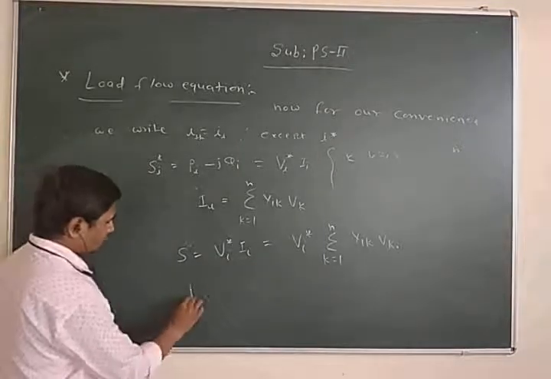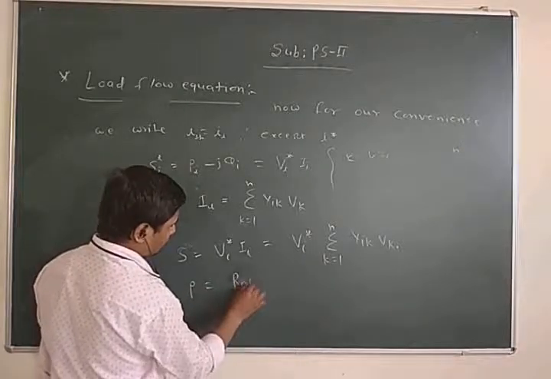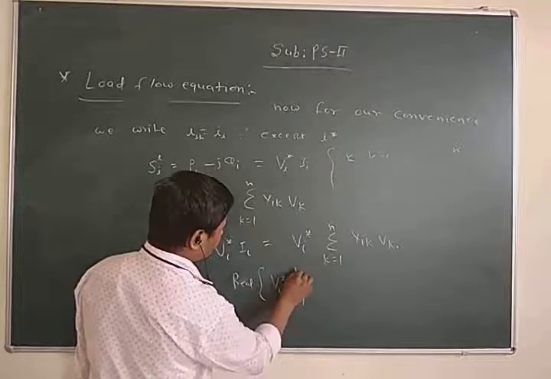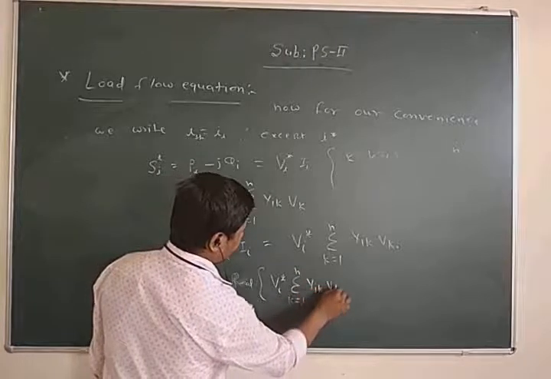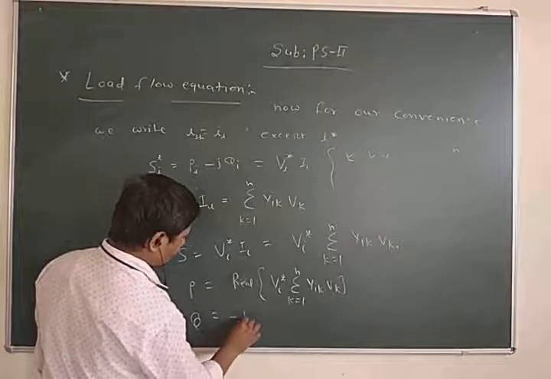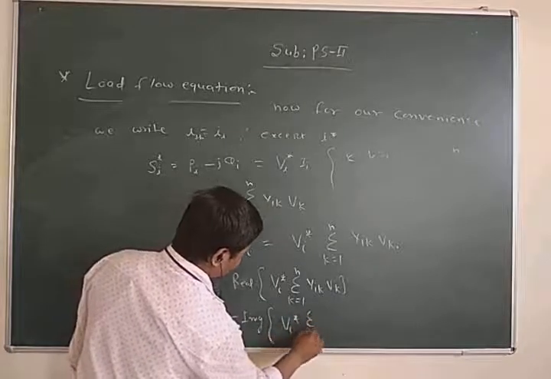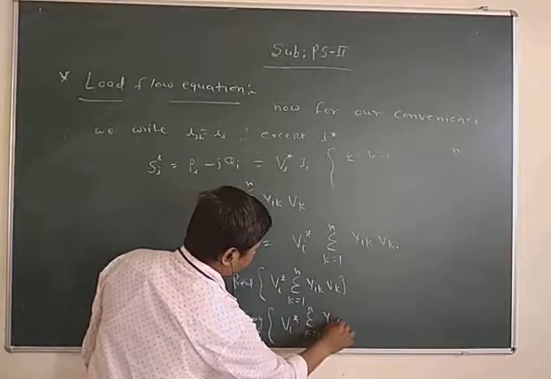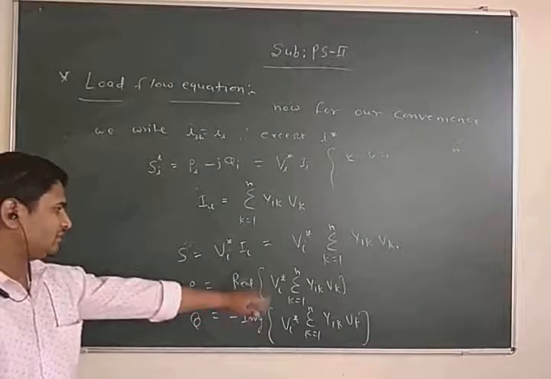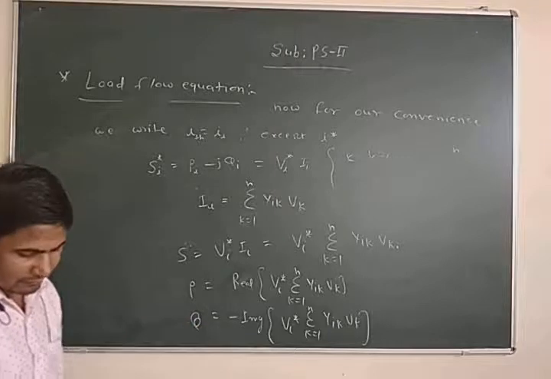So P is equal to the real part of Vi conjugate sigma k is equal to 1 to n Yik Vk, and Q is equal to minus of the imaginary part of Vi conjugate sigma k is equal to 1 to n Yik Vk. So the total power S is equal to P plus jQ, where P is the real part of the equation and Q is the imaginary part of the equation.